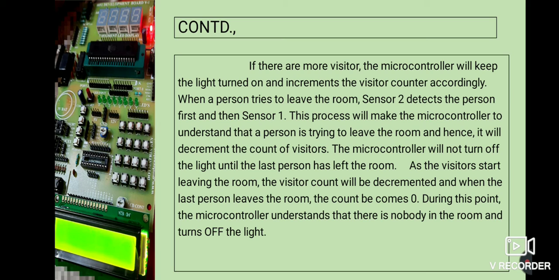The microcontroller will not turn off the light until the last person has left the room. As visitors leave, the visitor count is decremented. When the last person leaves the room, the count becomes 0. At this point, the microcontroller understands there is nobody in the room and the light turns off.